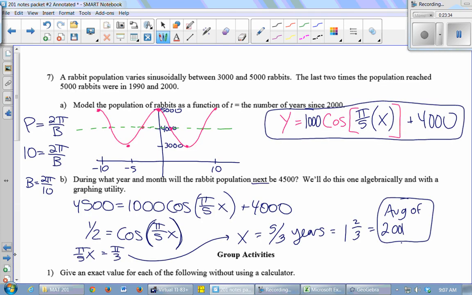You'd have to shift it over by a quarter of the period, pulling it back to the axis. If you use this as your starting point, it would be negative sine. If you use this as your starting point, you'd use sine, and you would just have to shift by either 2.5 years or 7.5 years.